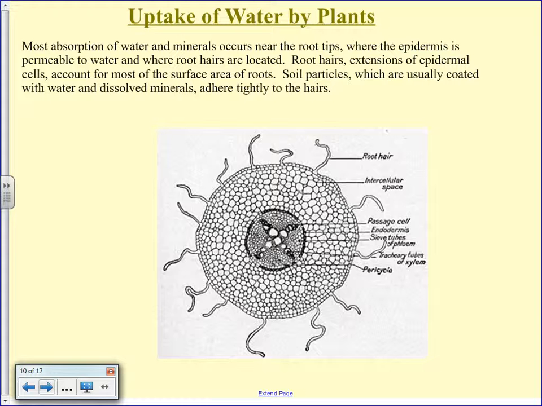Most absorption of water and minerals occurs near the tips of the roots, not on the fat parts of the roots. Why doesn't it occur on the fat parts of the roots? In which one would water have to travel farther?